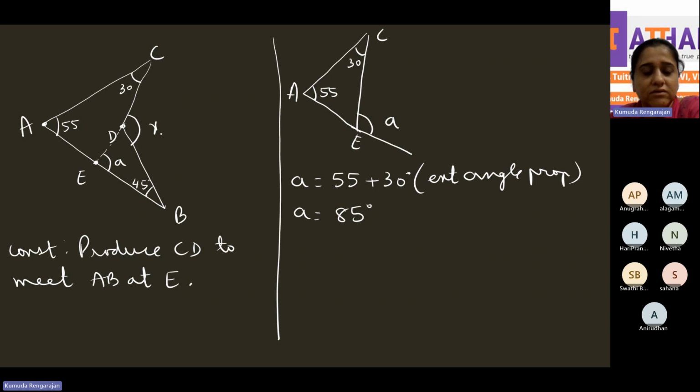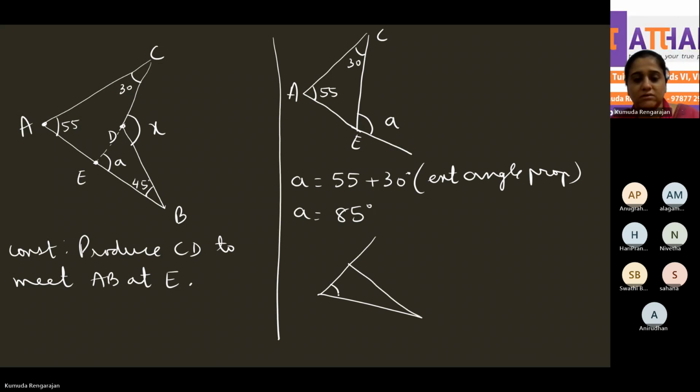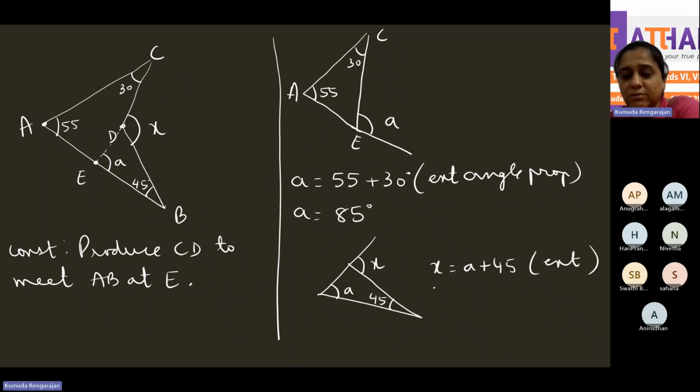Now this X is again an exterior angle. So we have A plus 45 is equal to X. Same thing, exterior angle property.